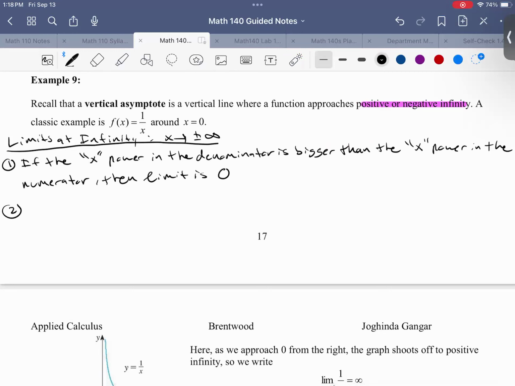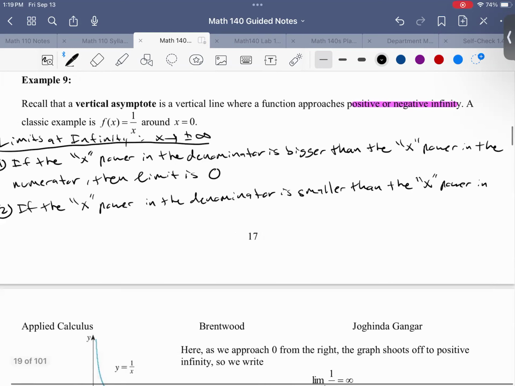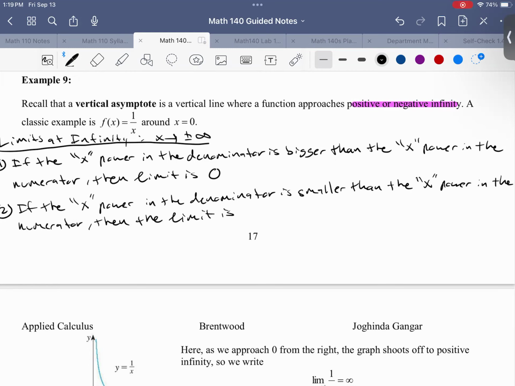Two, if the power in the denominator is smaller than the x power in the numerator, then the limit is going to be either positive or negative infinity.